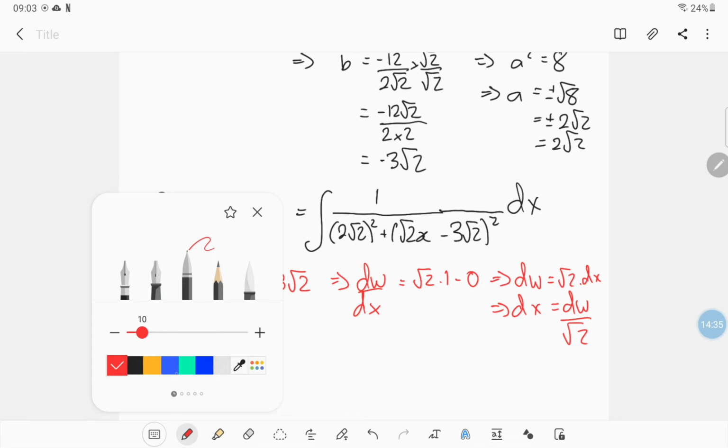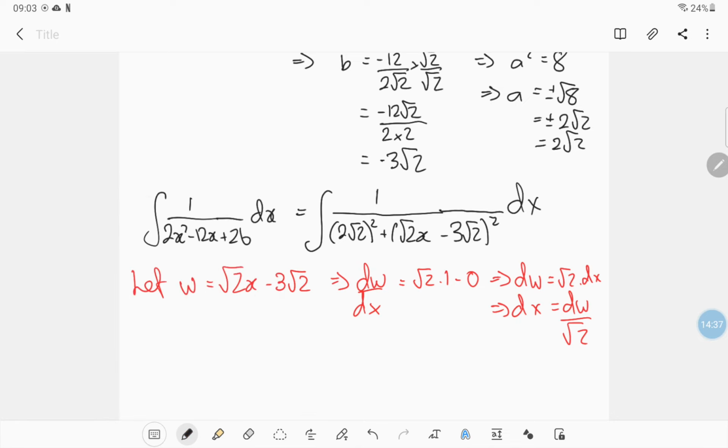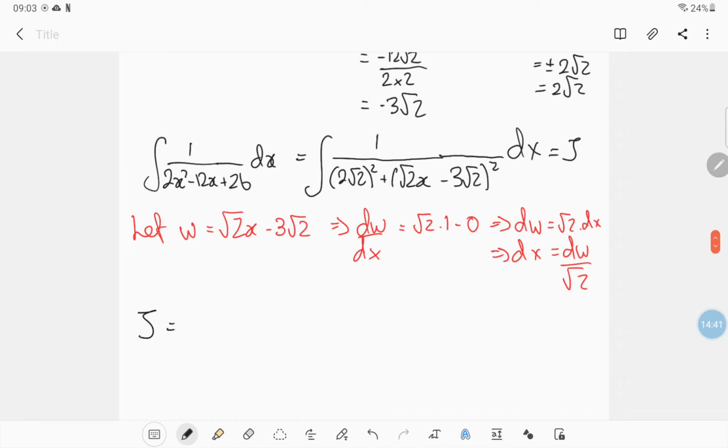So what do we get then? This thing, which I'm going to call J, is equal to 1 over 2 root 2 squared plus w squared, and dx is dw over root 2.